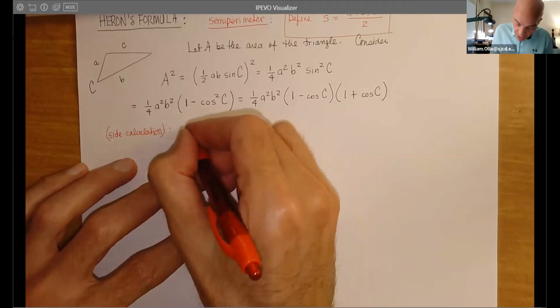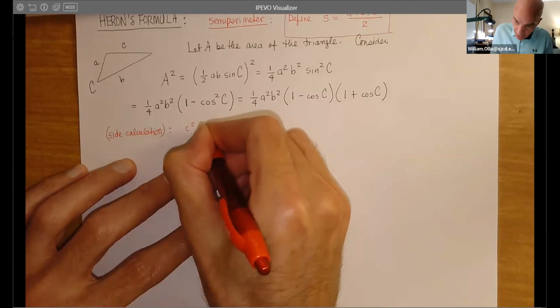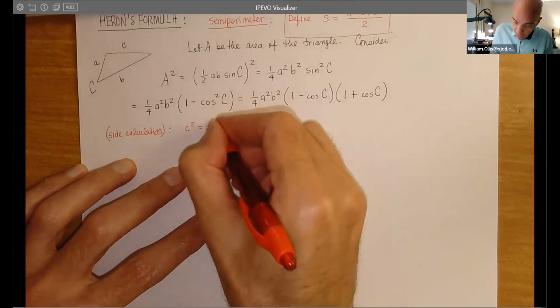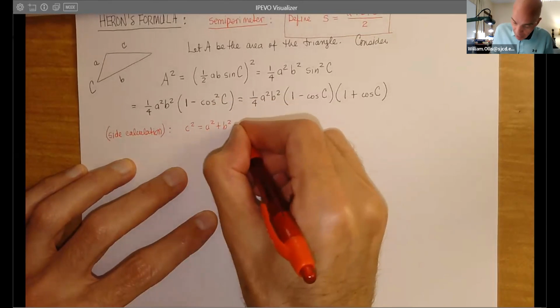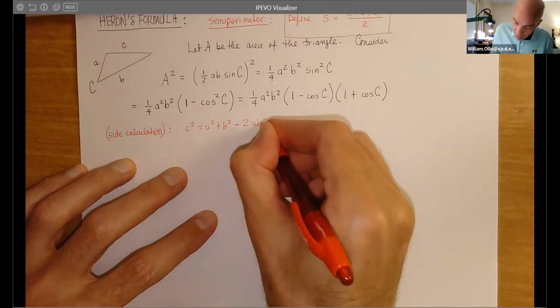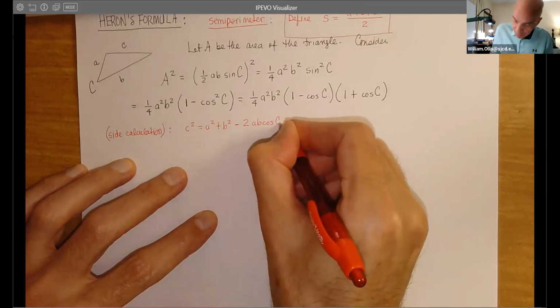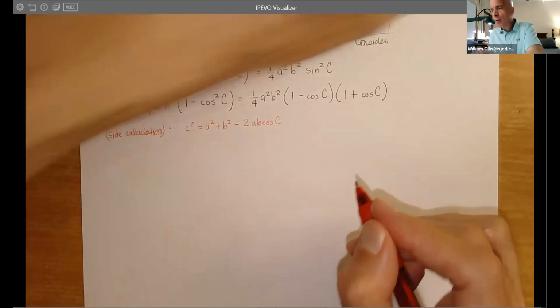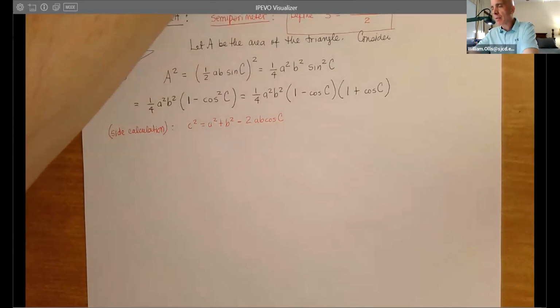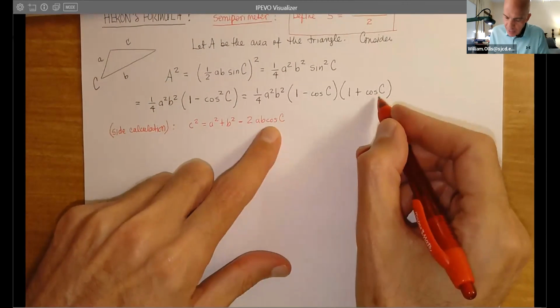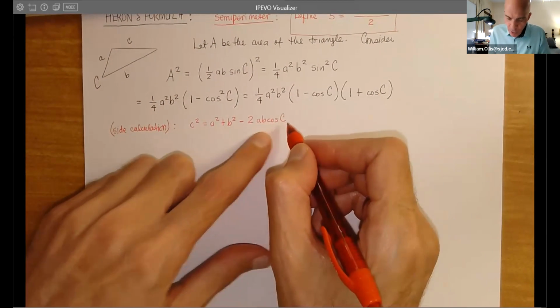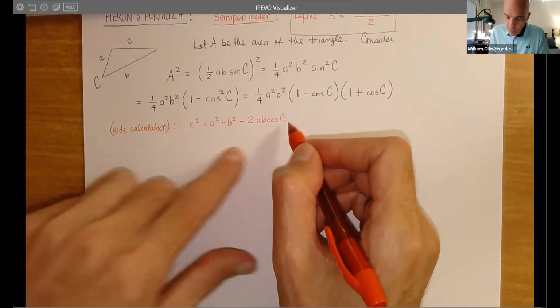So we know C squared equals A squared plus B squared minus 2AB cosine C. Now, when we look at that, we think, okay, we need cosine C, so let's transpose this and transpose the C squared.